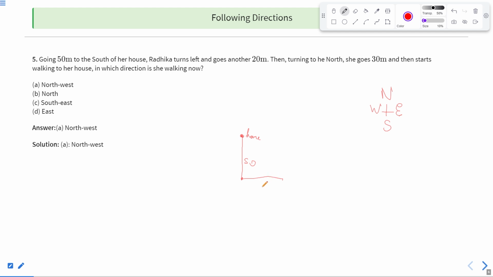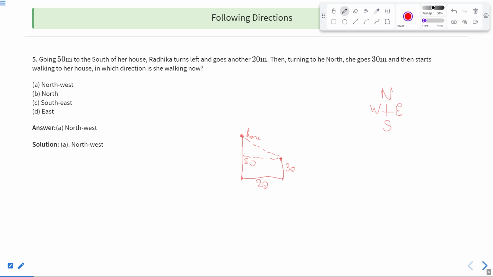Left is east 20 meters. Then turns north. Either straight up. Left again 30 meters. ठीक है. Then starts walking towards home. Up, up where we're dealing in 2D.